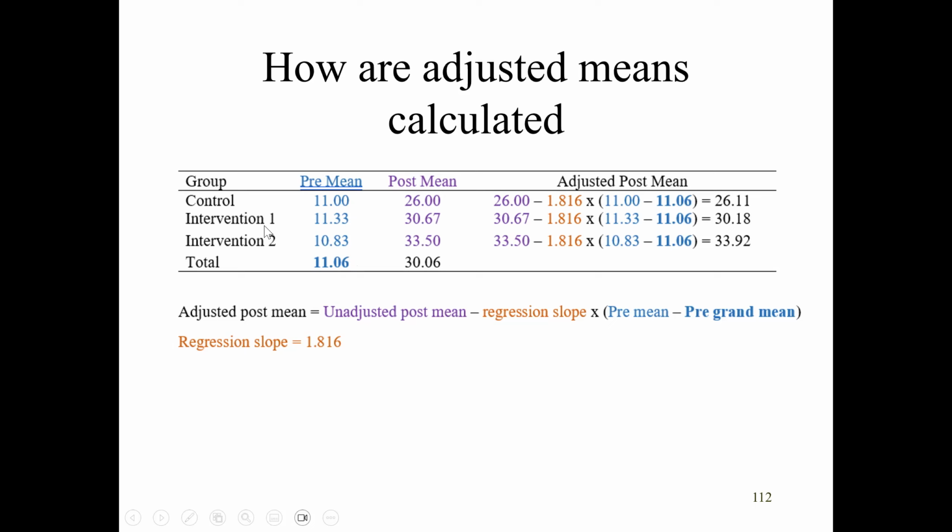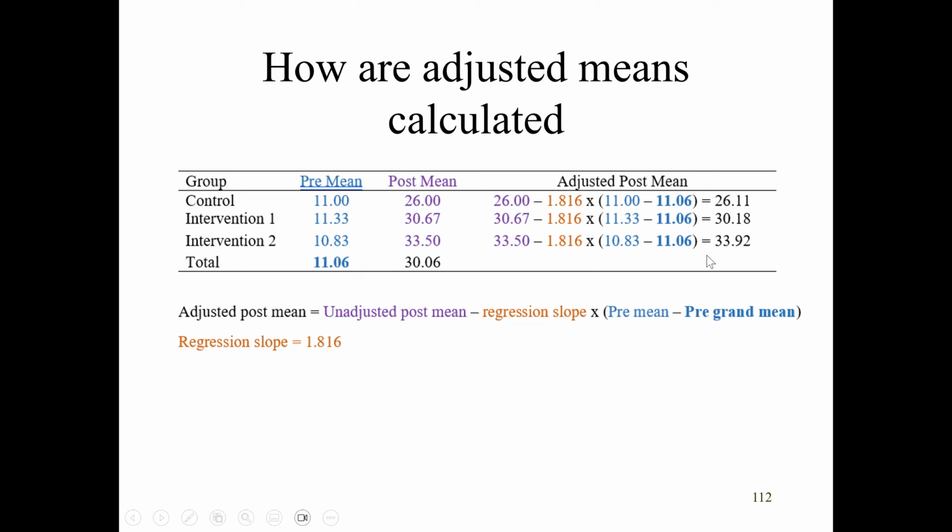On intervention group 1, the pre-mean is higher than the total pre-mean, so after adjustment, the post-mean for intervention group 1 will be lower. And for intervention group 2, the mean is lower than the total mean, so the adjusted post-mean will be higher.